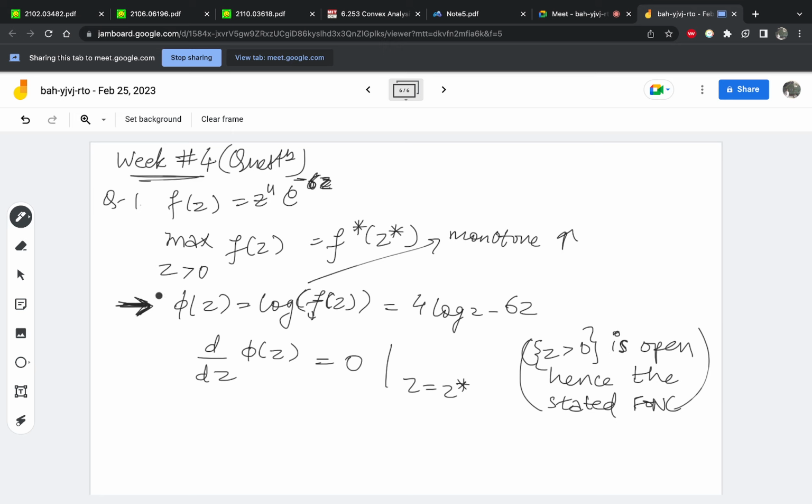But other than that, the z star that you find here is going to be the same. So you will get 4 by z minus 6 is 0, and hence z star is 2 by 3. So this was the point of the question. Okay, any questions?